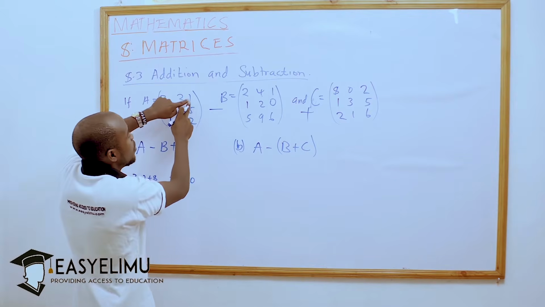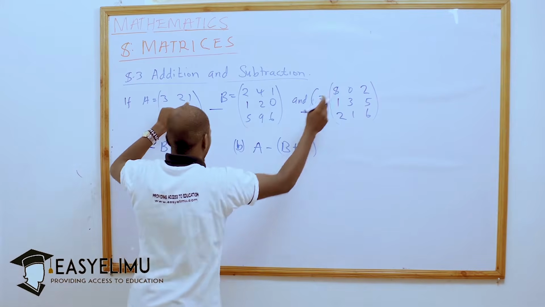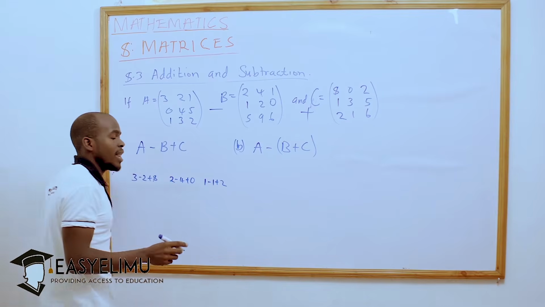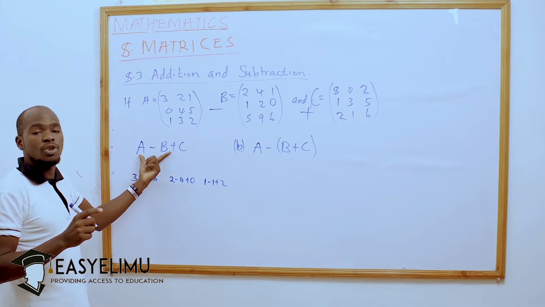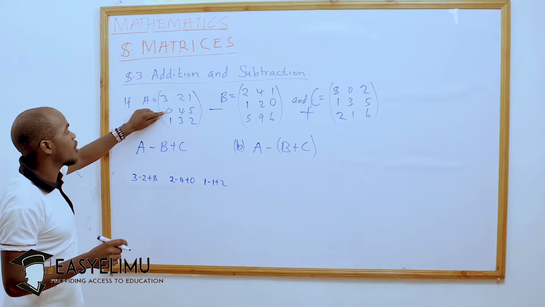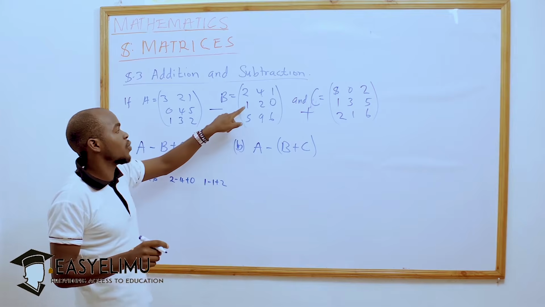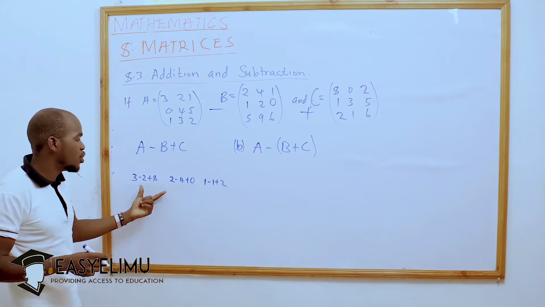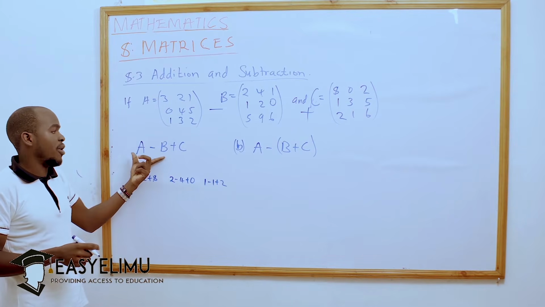The next one will be 1 minus 1 plus 2. That is the first row of the three of them together. Then the second row will be 0 minus 1 plus 1. As you move on, do it out and find the final answer.